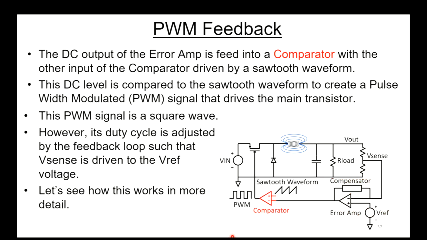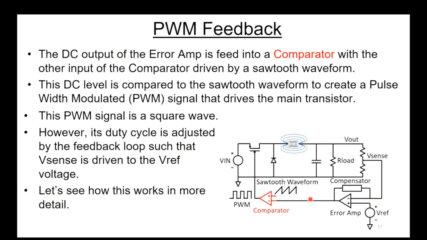So the DC output of the error amp feeds into a comparator, and the other input of the comparator is driven using a sawtooth waveform. This is probably generated using a constant current into a cap. I think I showed an oscillator a few months ago that produced a waveform similar to that.